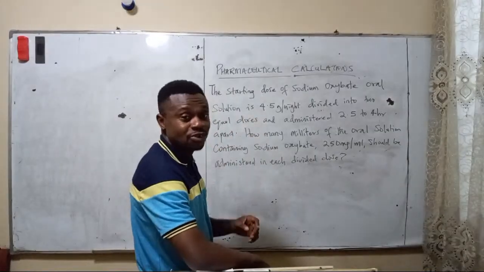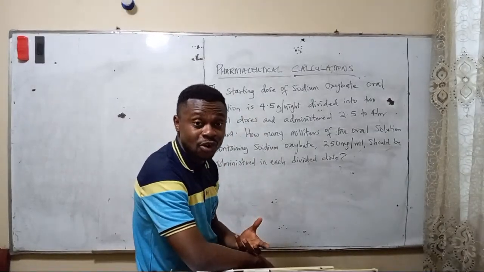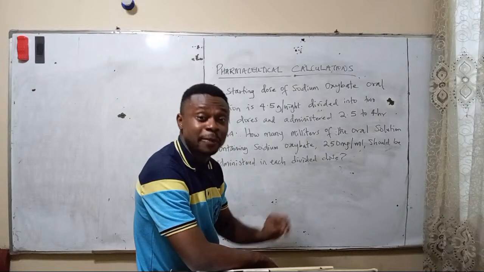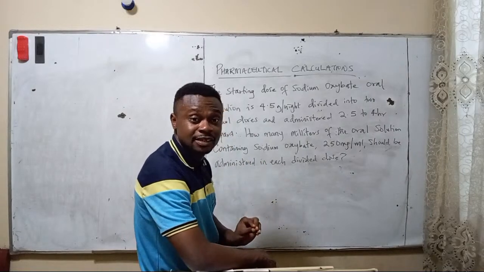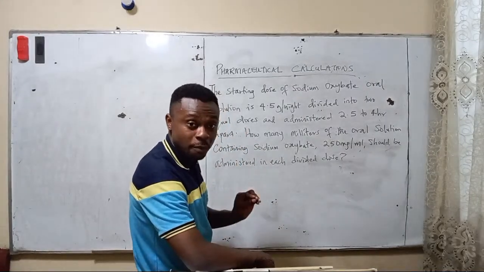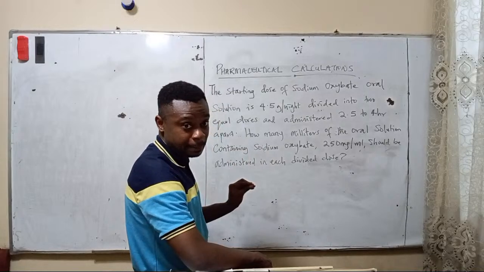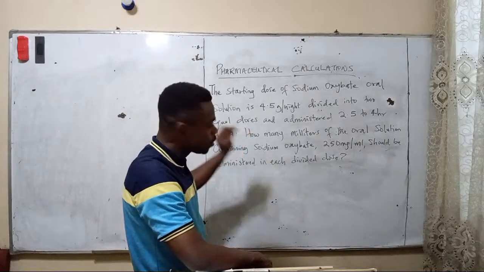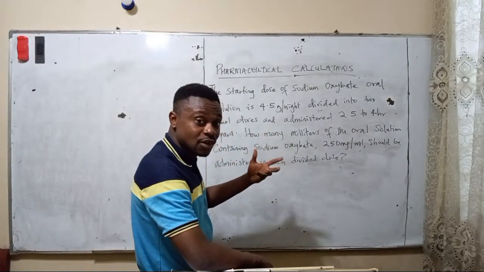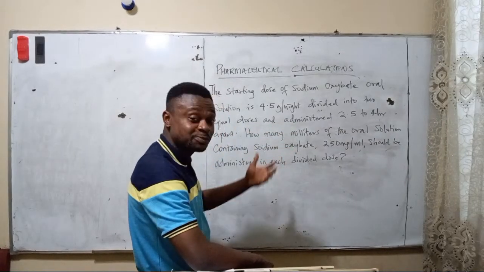The dose has to do with the amount of the drug the patient needs to achieve a particular therapeutic purpose or outcome at a particular time. The strength is the concentration, how the drug is presented.